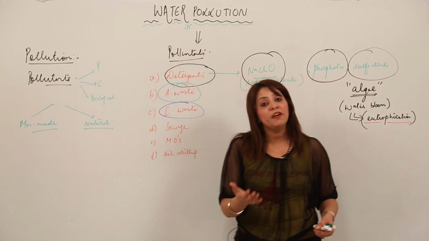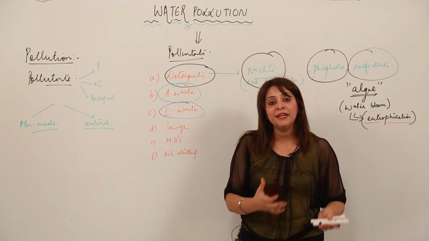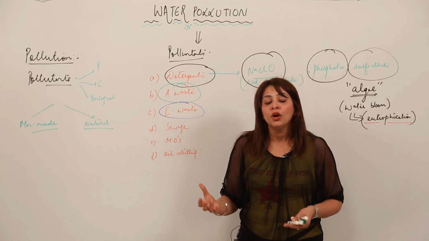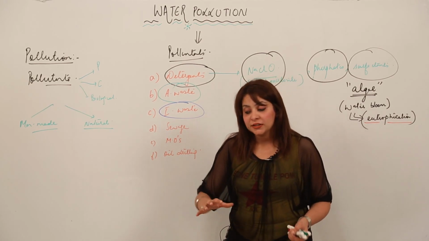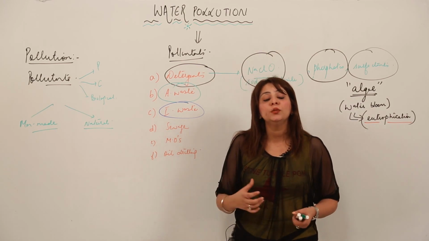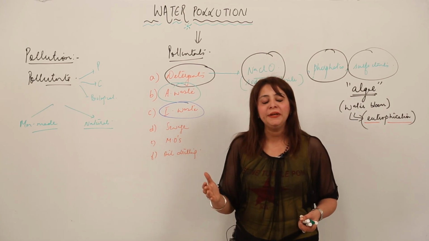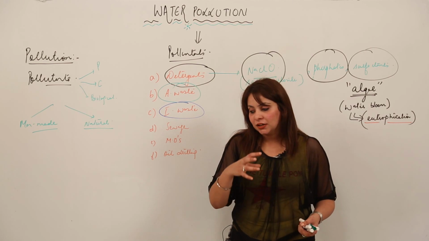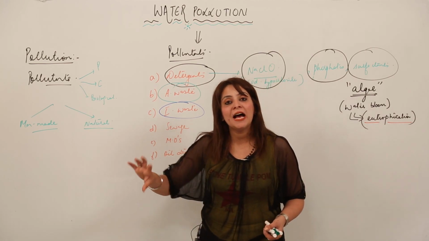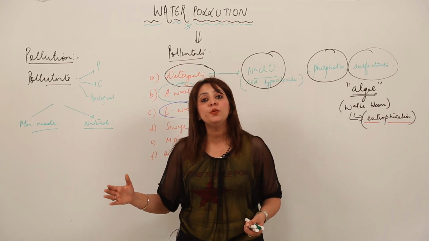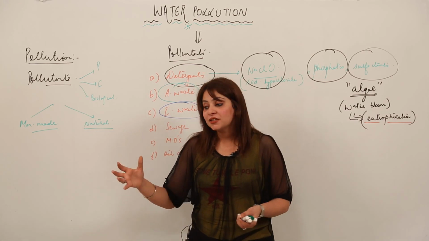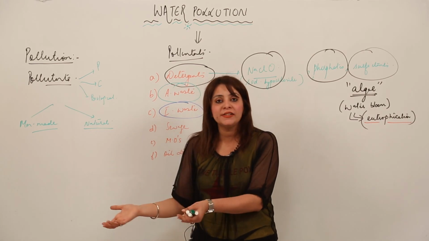Likewise, we have mercury also. Mercury can cause mercury poisoning. How? When mercury is disposed into the water, it has a tendency to get converted into methyl mercury. I repeat, when mercury is disposed into the water, it gets converted into methyl mercury, and it accumulates in fish, which are obviously there in the water.